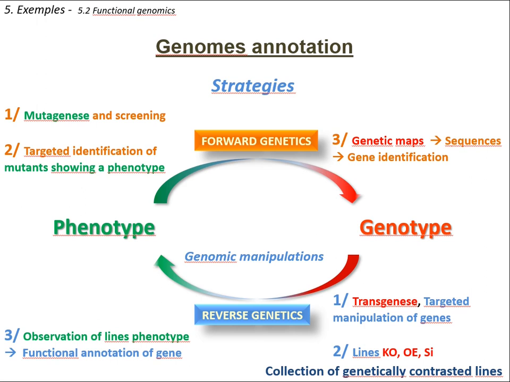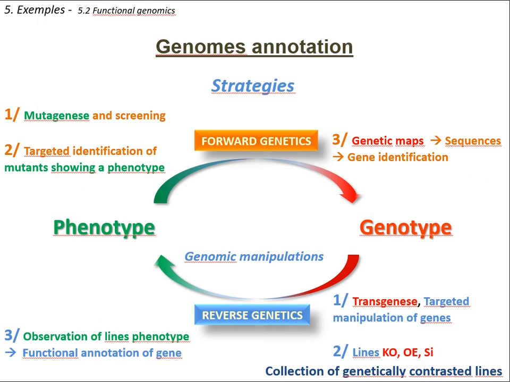And then with new tools of molecular biology, especially transgenesis techniques, we went into a reverse genetics tactic. So in this case, you start with the genotype. You modify a gene because you have the sequence and you can do that. And you generate many lines that are mutants.